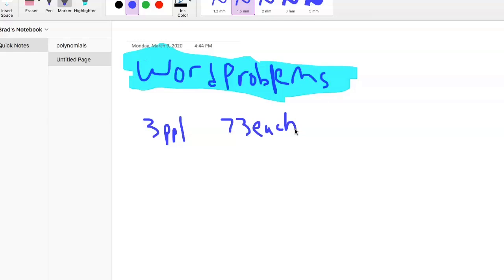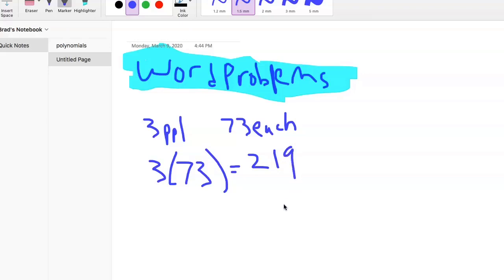What we want to know with something like that is the total. We have 3 people each paying 73 rent, so the rent total isn't going to change. So I'm just going to go 3 times 73, and that number equals 219.